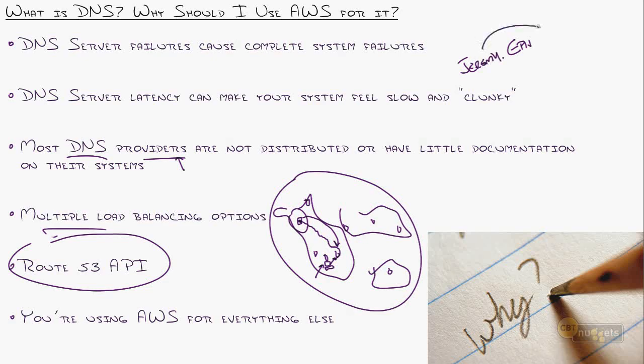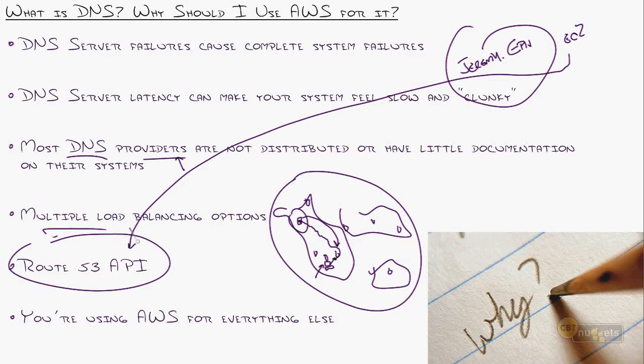So I could configure my EC2 server instance, or whatever I'm running Ephemeral Life on, to automatically create an entry in the DNS table at Route 53 for jeremy.ephemerallife.com and point it to the right servers as that account sign up happens. I don't have to have any manual involvement because it's all automated using that API, and that's well documented. You can use it. And then, of course, my final statement is, good grief, you're using AWS for everything else at this point. Why not? Let's just consolidate all our services into one place.